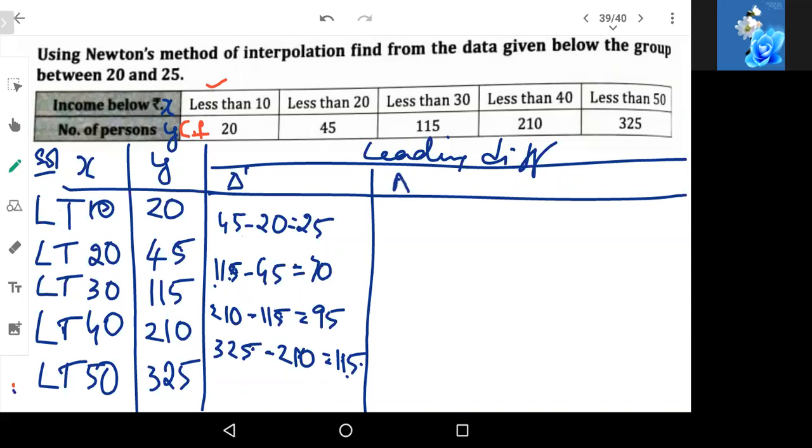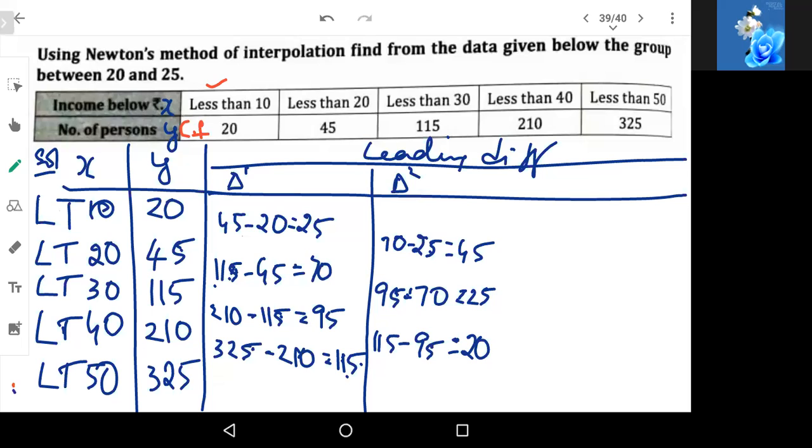Now the second leading difference is between these. 70 minus 25 will give me 45. 95 minus 70 is 25. Then 115 minus 95 is 20.